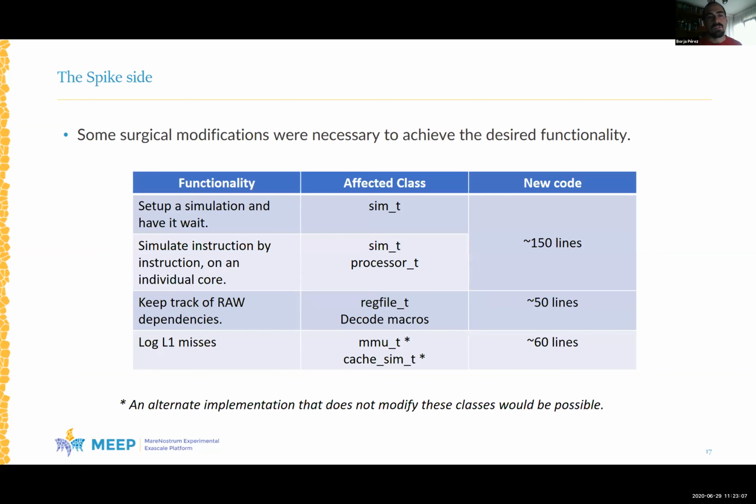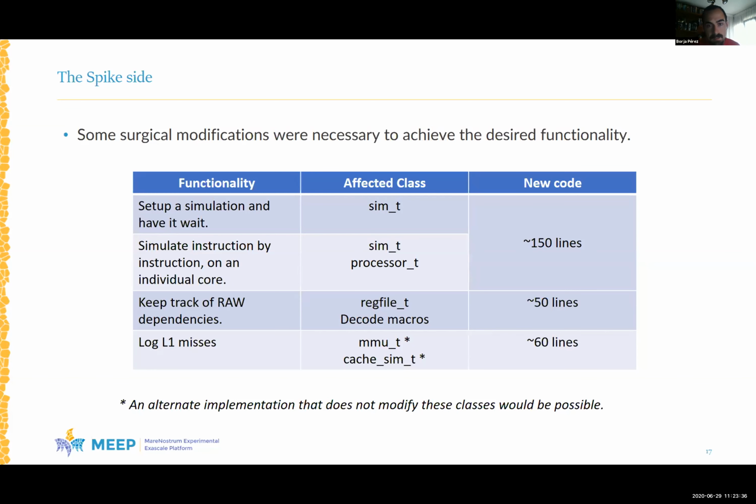Then you need to keep track of RAW dependencies. To do that, we modify the register file and the macros that are used to execute the instructions and to read and write registers. That amounted to 50 lines, more or less. And last, you need to log L1 misses so Sparta can handle them. That involves changes in the MMU and the cache classes, 60 lines.